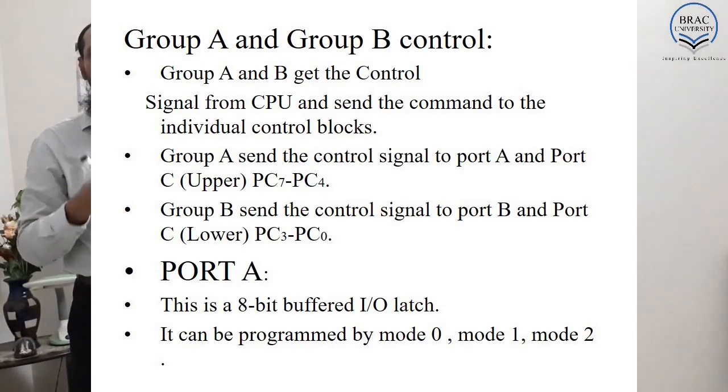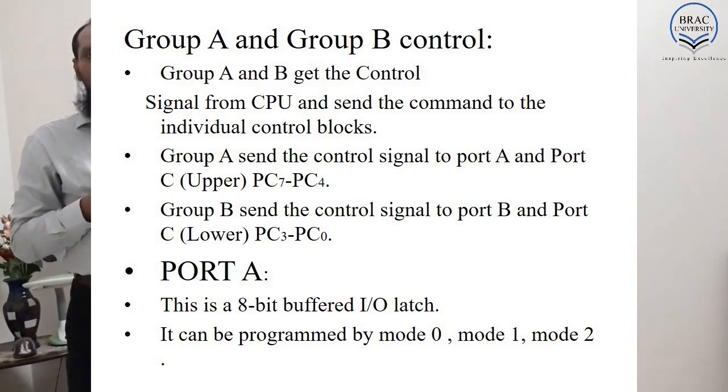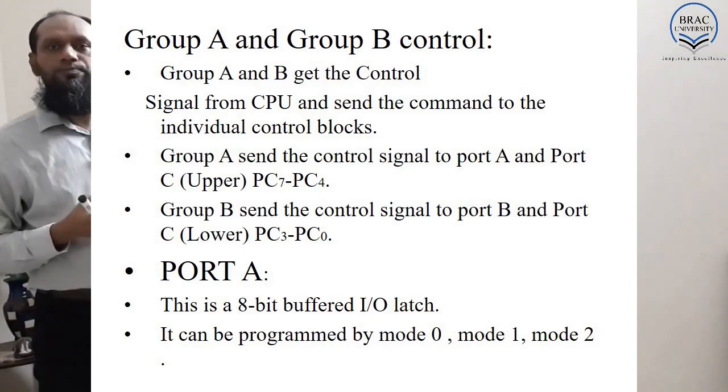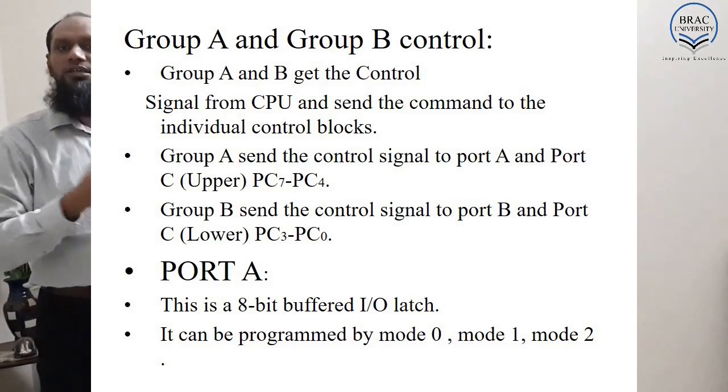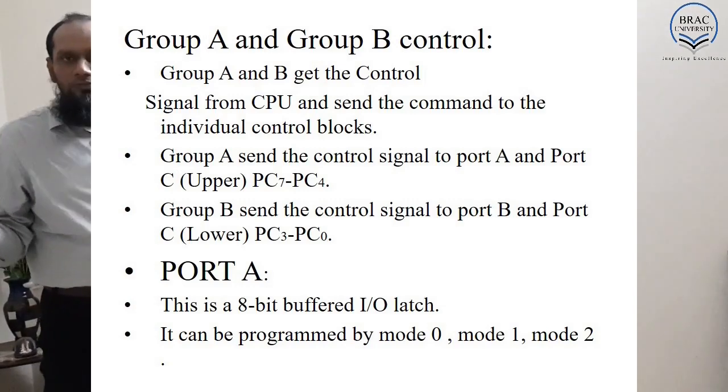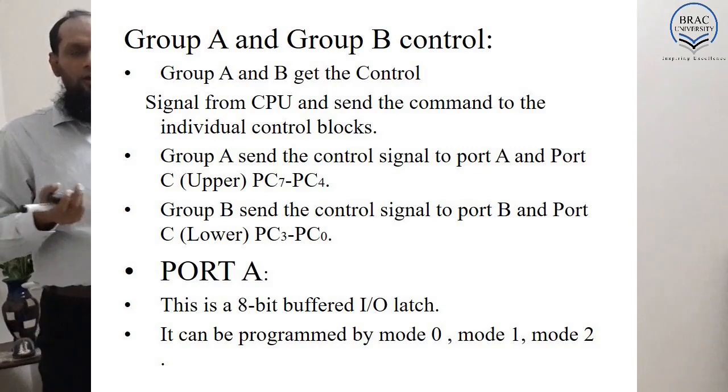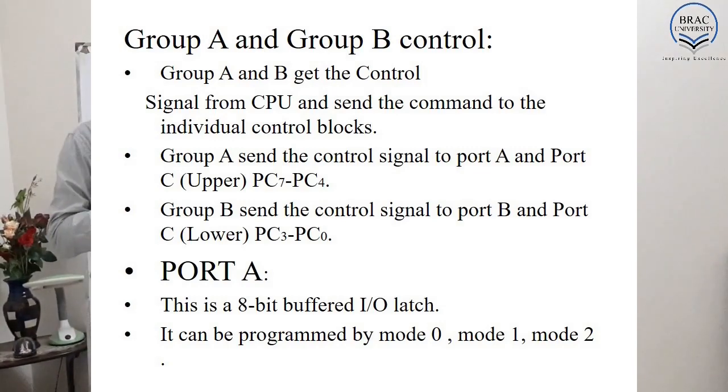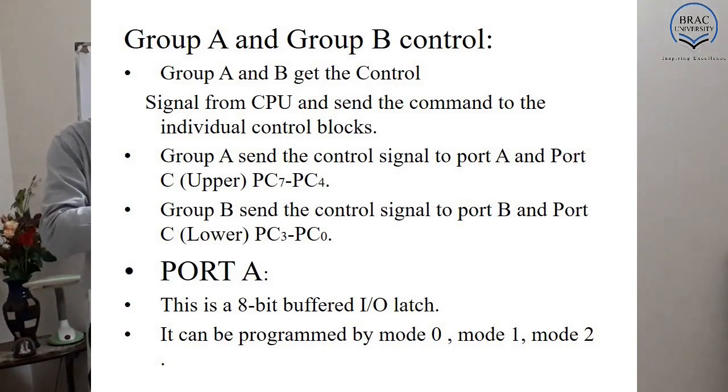One is mode 0. Mode 0 means normal input output: switch, LED, 7-segment display, this kind of normal I/O device. Mode 1 is handshaking in or out. And in mode 2, it will support bidirectional. If you want to receive some data, you can receive.